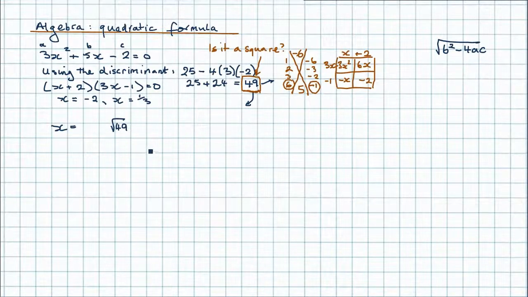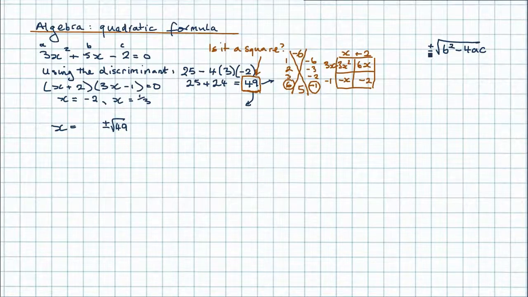Okay, now the next bit is plus or minus. Because if you square root anything, if it's just a square root, not a cube root, then you've got two options. You've got a plus 7 in this case, or a minus 7. So you have to use this plus or minus sign. That's the next thing of the quadratic formula that you need to remember, but fairly easy to remember because it's one of those rules about square rooting.